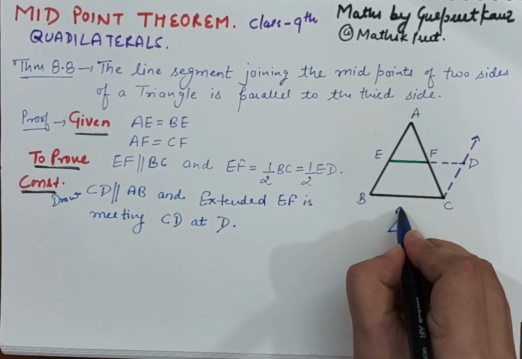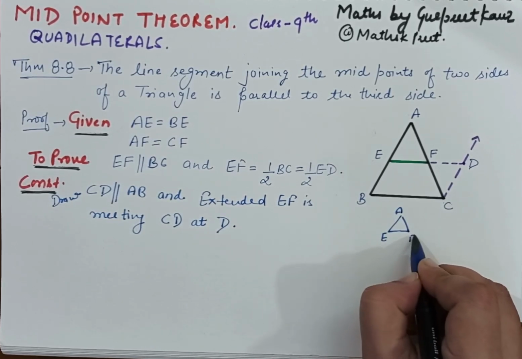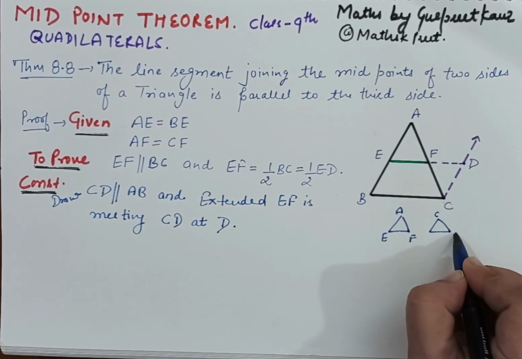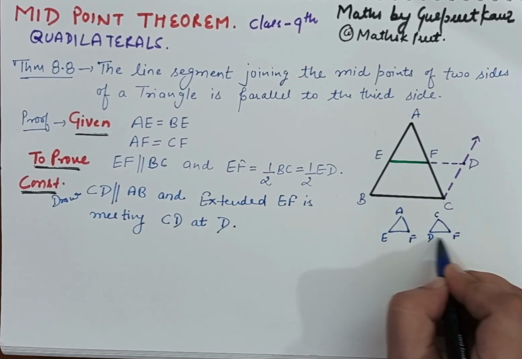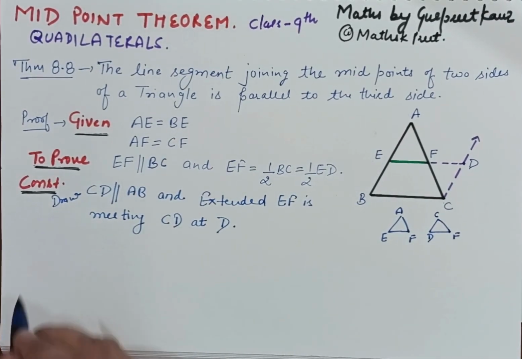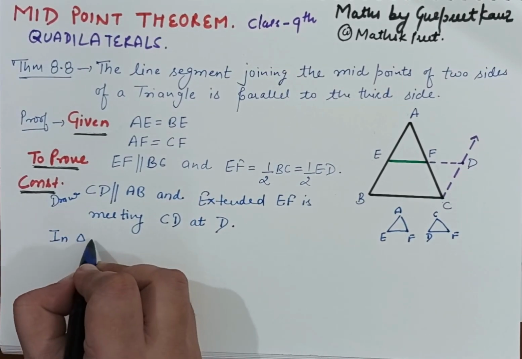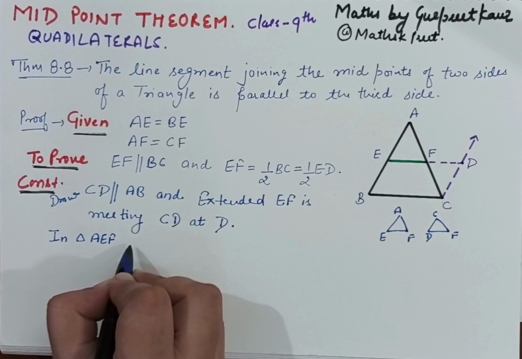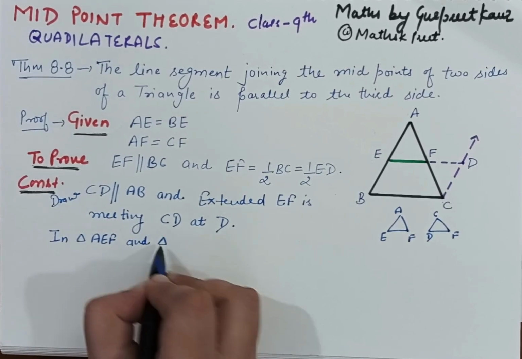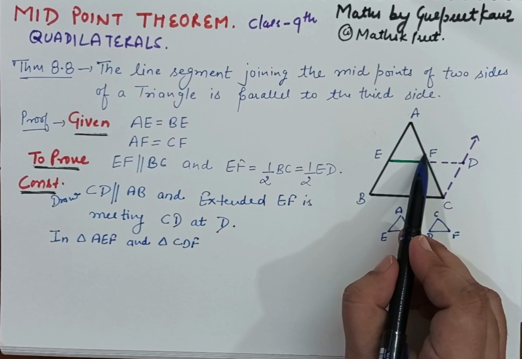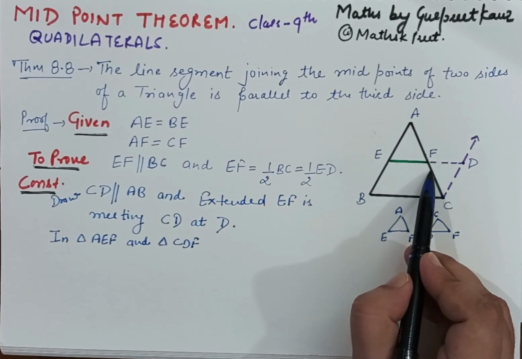So I am taking AEF and the second triangle is what? CF here and D here, CDF. These two triangles I have to prove congruent. So I'll write, in triangle AEF and triangle CDF, what are we having? We are having these two angles equal.